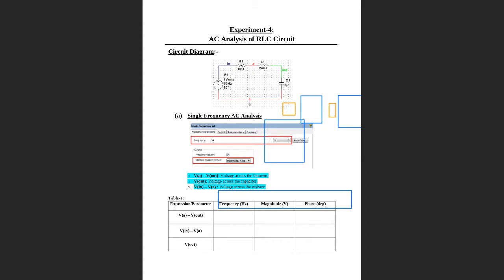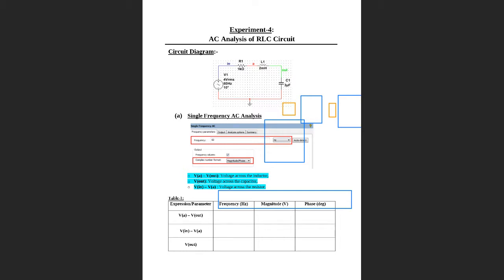Click on Simulate. There is an option called Analysis. Go to Analysis, and in that you will find all the types of analysis: AC analysis, single frequency analysis, transient analysis, Fourier, etc. Here first of all we are going to use single frequency AC analysis. So click this.